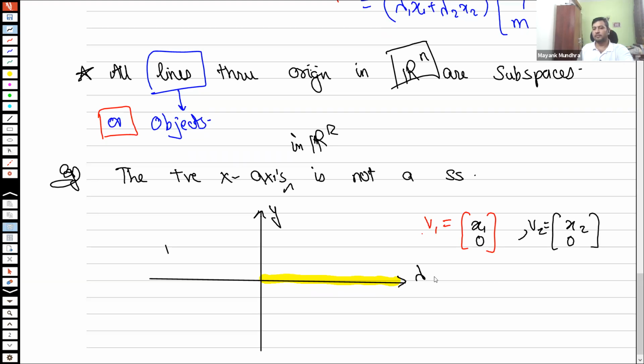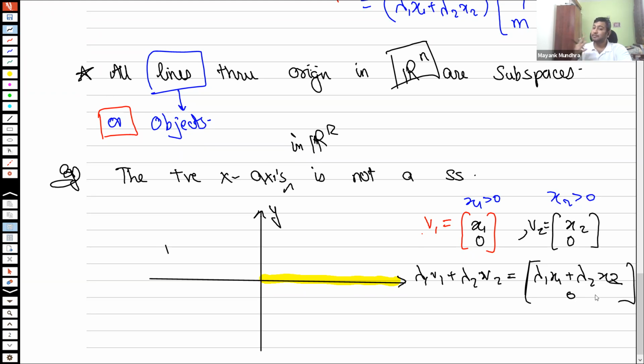Okay, so lambda1 v1 plus lambda2 v2, where x1 and x2 are positive, by the way. X1 positive, x2 positive. Okay, so lambda1 v1 plus lambda2 v2 will turn out to be lambda1 x1 plus lambda2 x2 comma 0.